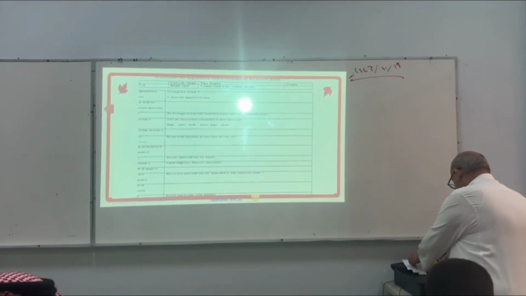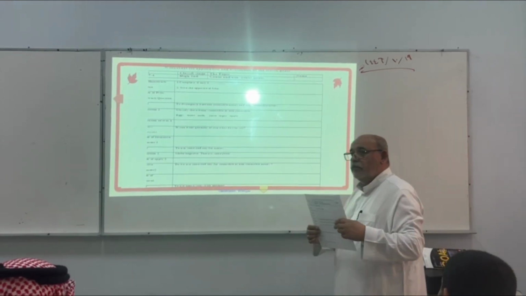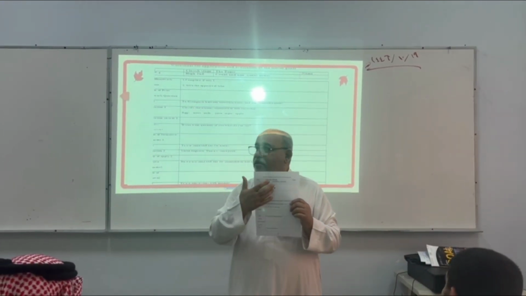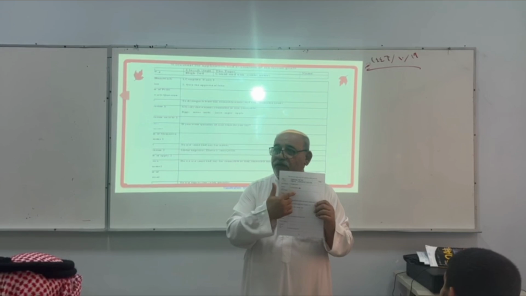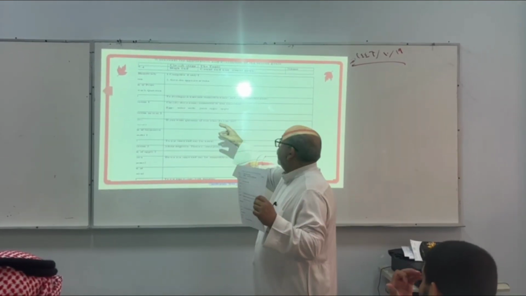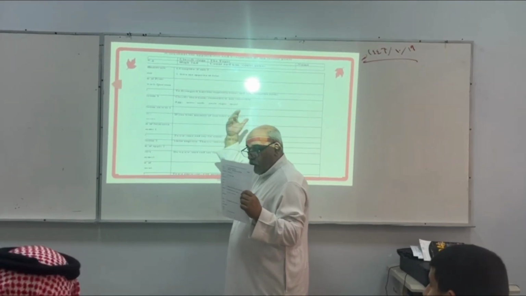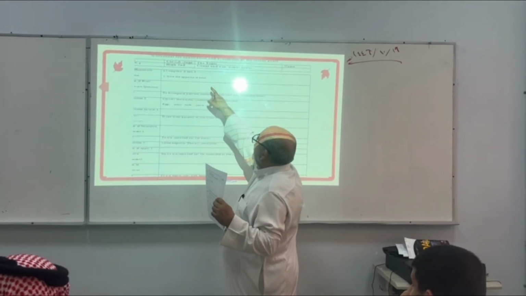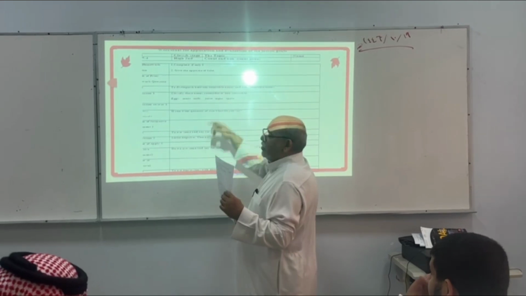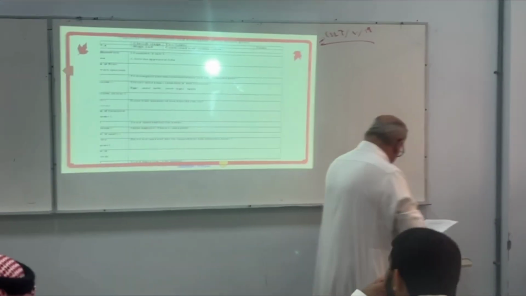First of all, I have this worksheet. It has many activities. The first activity is from prior knowledge, prior learning. We have 2 questions from homework: complete with "if only" and give the opposite of fake.